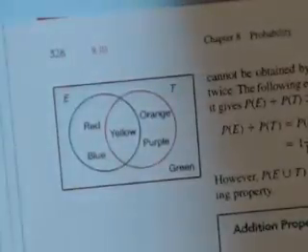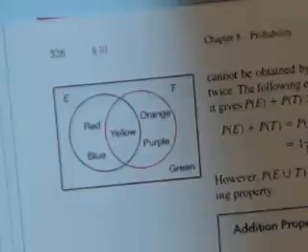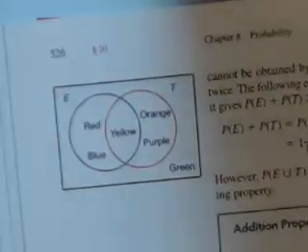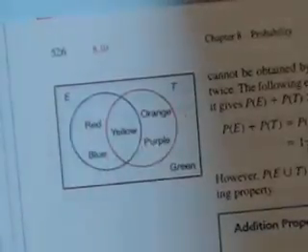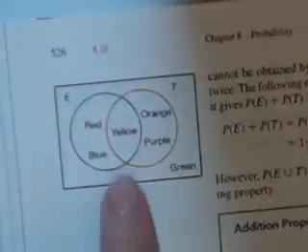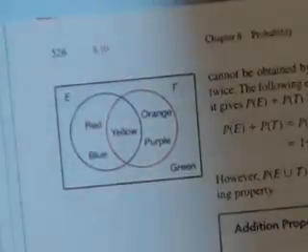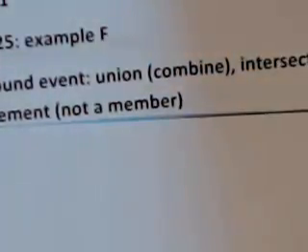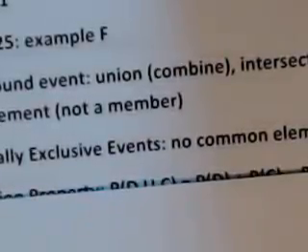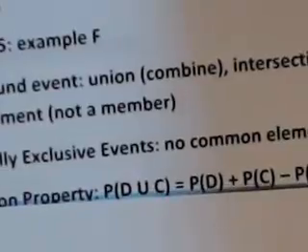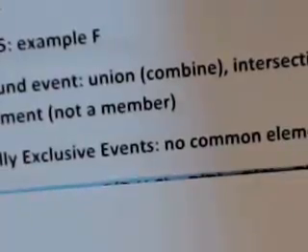Now, if we have two sets that have no common elements, they're called mutually exclusive, and they are disjoint. So E and T are not mutually exclusive because they share a common yellow. So mutually exclusive sets have no common intersection, no common elements. And we write that with the empty set symbol, the Greek symbol. This means empty set.